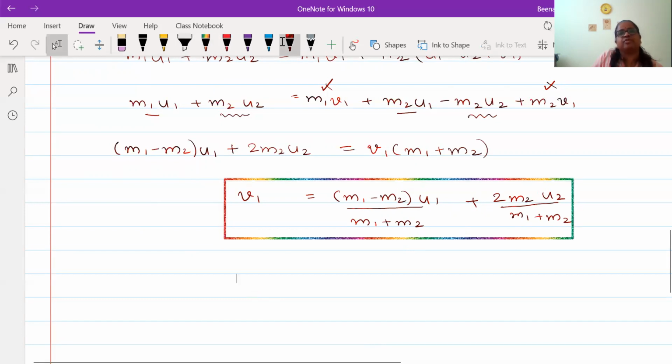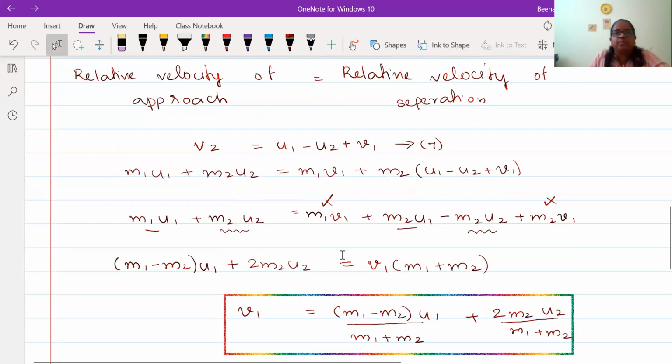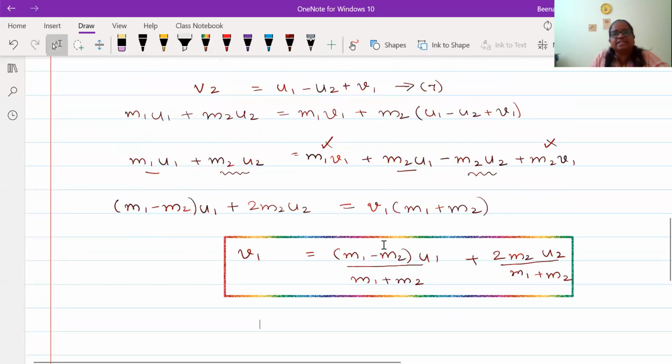Now in a similar way, we can also get the expression for V2. To get it, we have to substitute for V1, taking it from equation number 7.